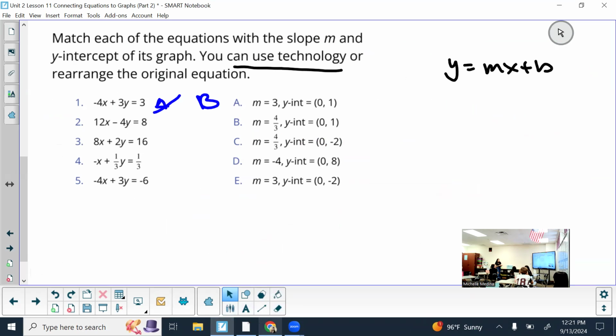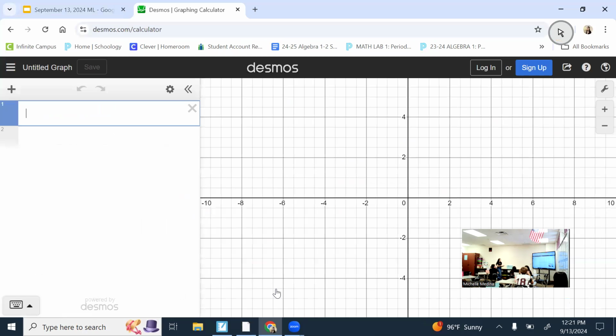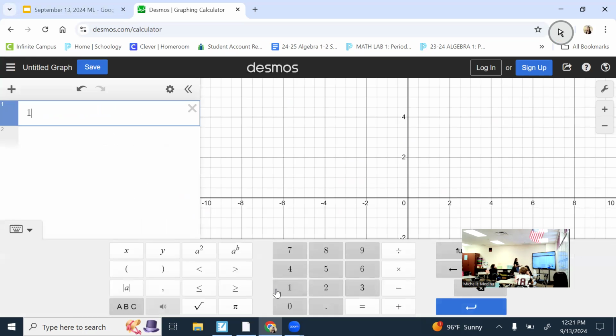You don't have to rearrange it. So 12x minus 4y equals 8. So if you type it in, even in standard form, it will graph it for you.